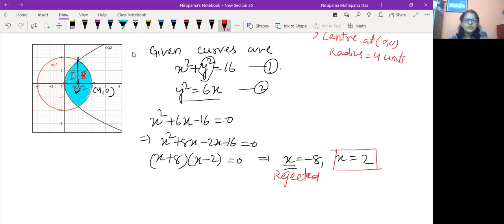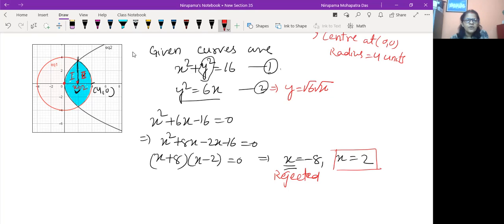That is your parabola, y square equal to 6x, or you can say y equal to root 6 root x.